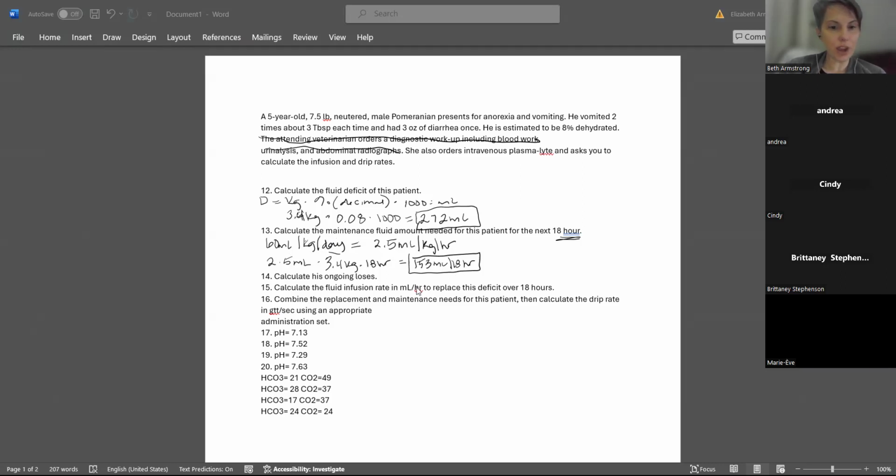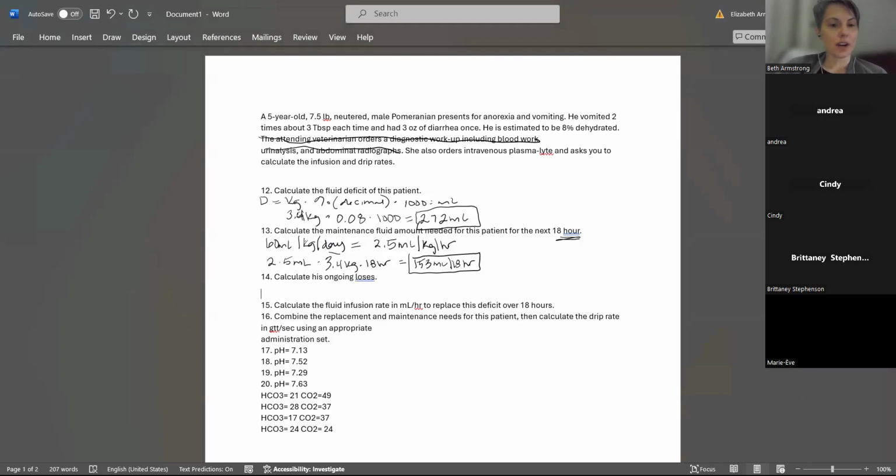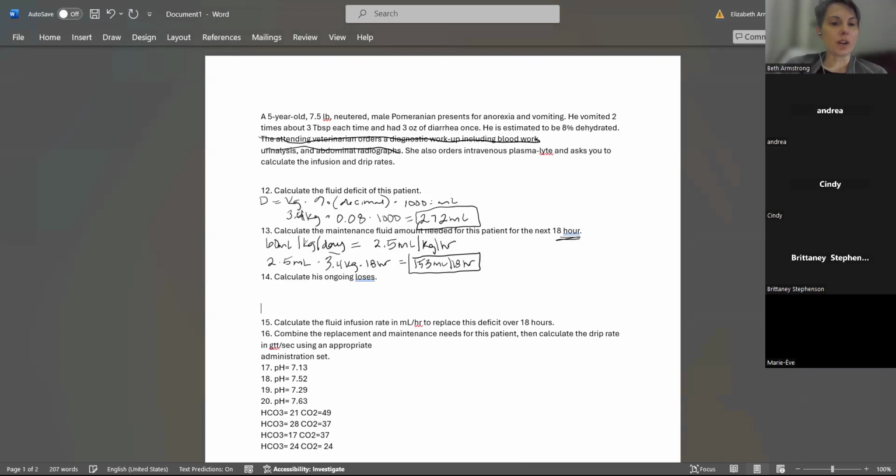Okay. All right. So ongoing losses. What are our ongoing losses? We first need to know what ongoing losses are. Our maintenance rate makes up for how much fluid we need in a day to survive, our normal regular day.